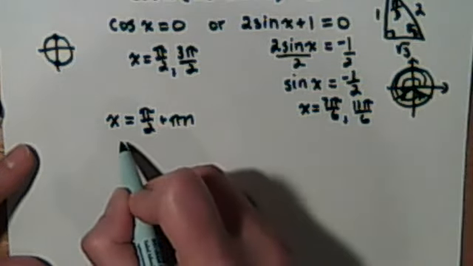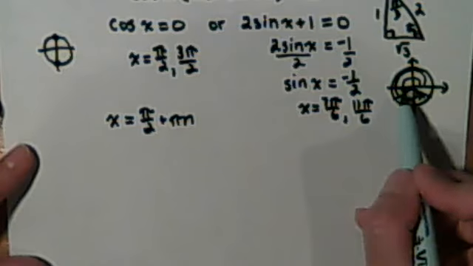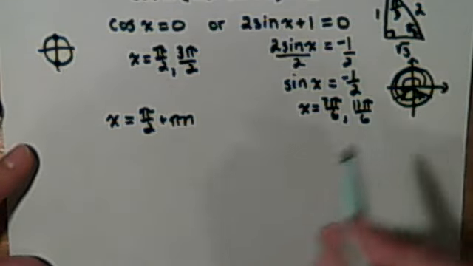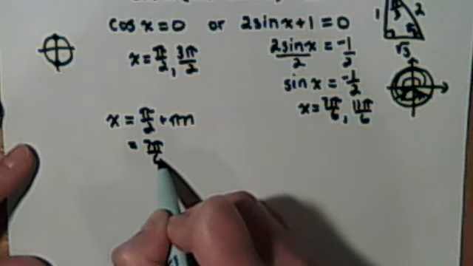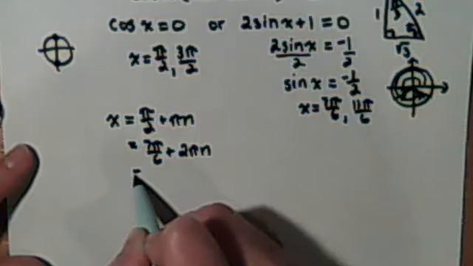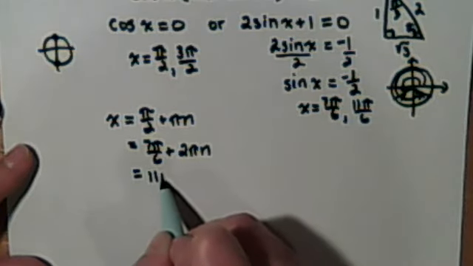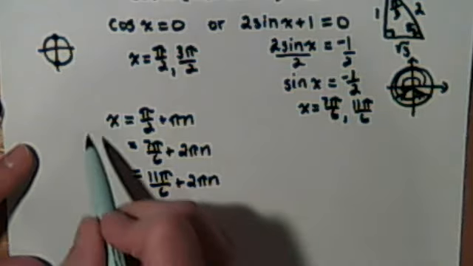With these two, again, there's different ways you can choose to write it, but I would go with the simplest version. In that 7 pi over 6, I'm going to need to keep going around each time. So that's going to equal 7 pi over 6 plus 2 pi n. And finally, I have my 11 pi over 6 plus 2 pi n.